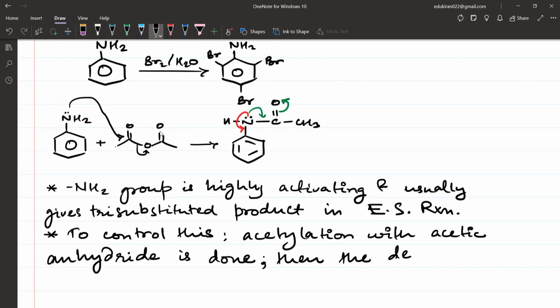Then the desired electrophilic substitution reaction is followed.